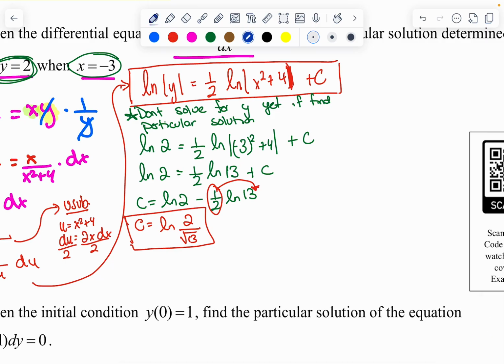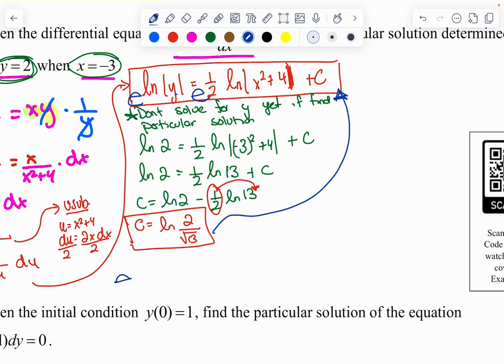Now that we have our c, we're going to take that c, come back here, and solve this guy for y. And when you solve it for y, obviously, how do we get y by itself here? We're going to raise both sides with a base of e.